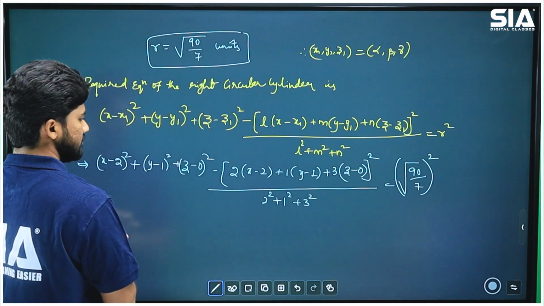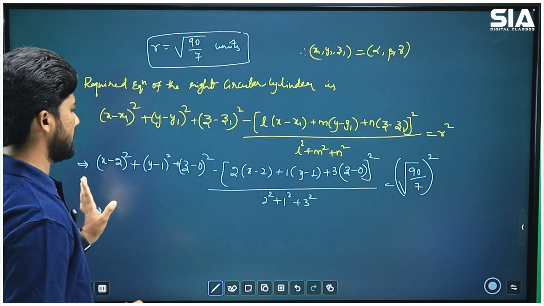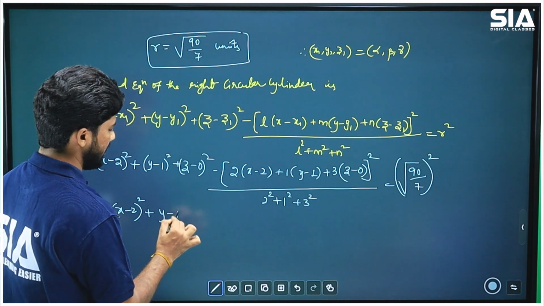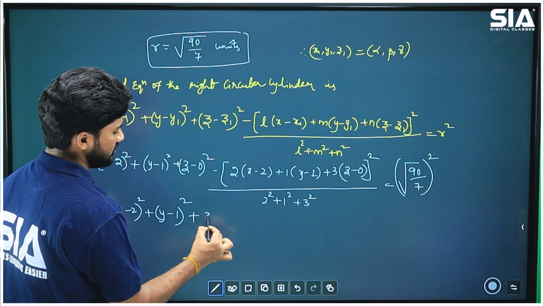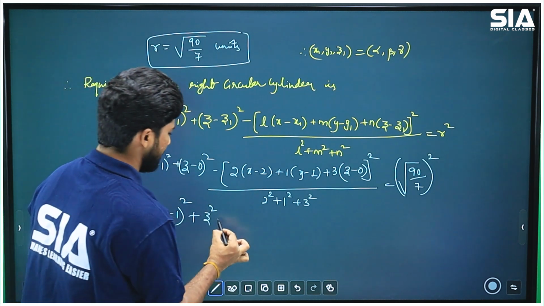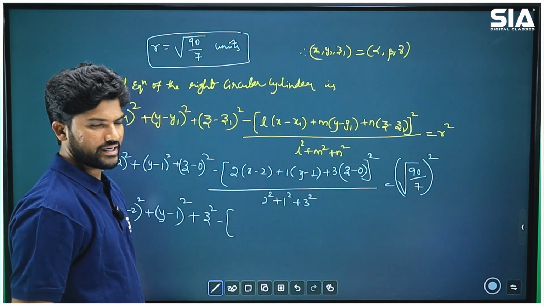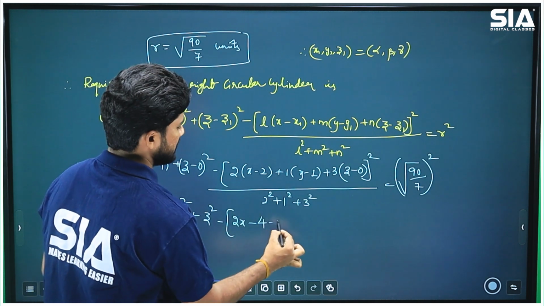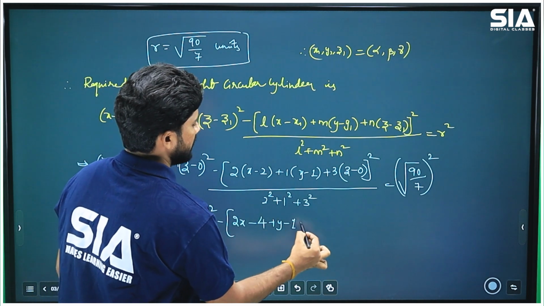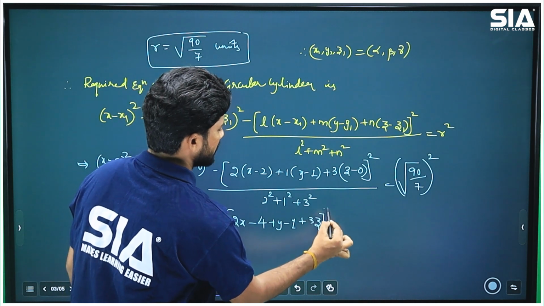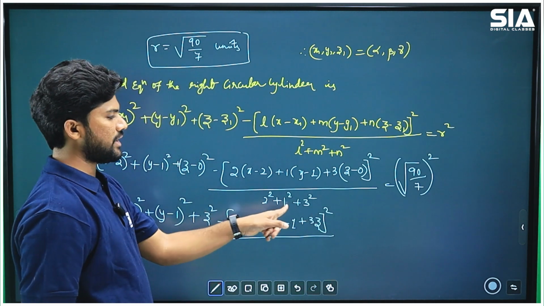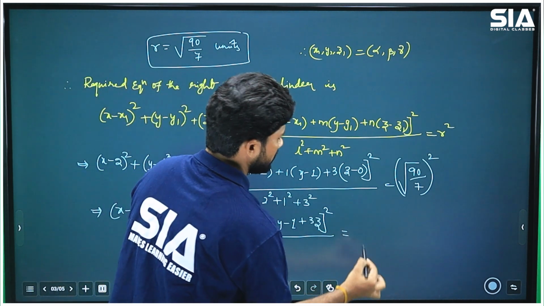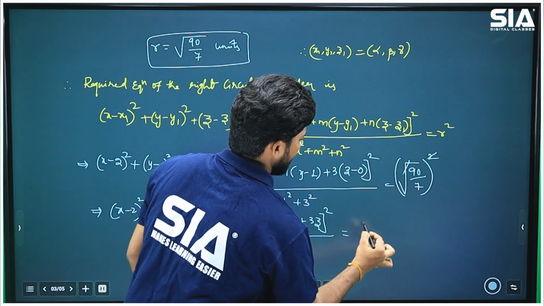So now expand this value. I am writing this as it is: (x - 2)² + (y - 1)² + (z - 0)², that means z² only, minus, simplify inside the bracket: 2x - 4 + y - 1 + 3z, whole square, by 2² + 1² + 3², and I am writing directly that value is 14, equal to, the square root will get cancelled, 90 by 7.